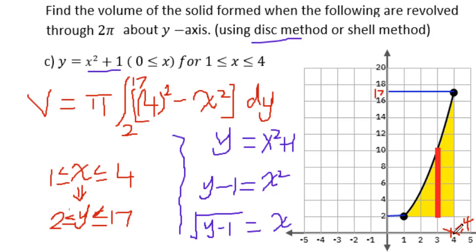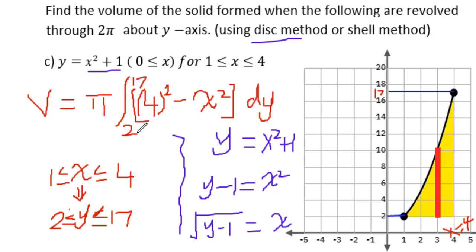We will think x equals 4 is an outer function, but x equals 4 is not a function, so we say x equals 4 is an outer equation. The inner equation will be y equals x squared plus 1.